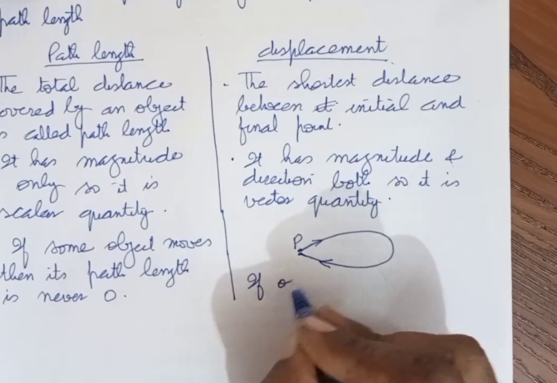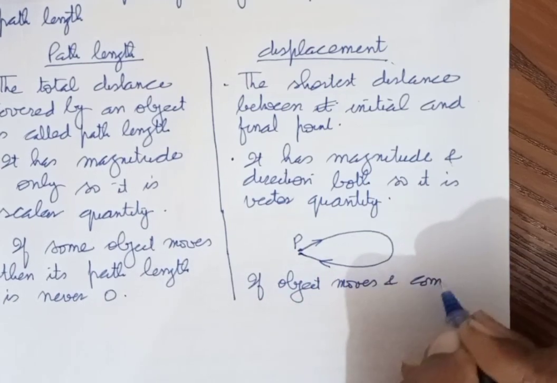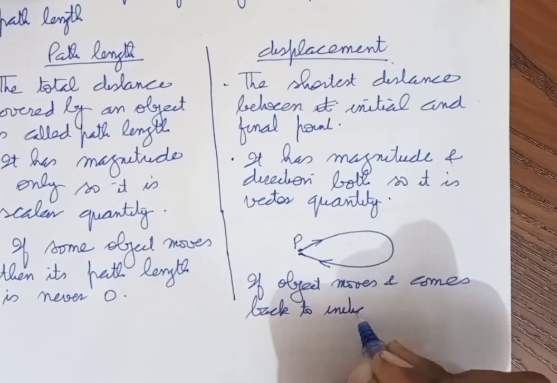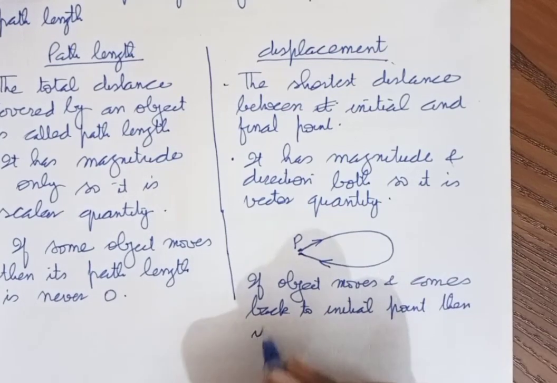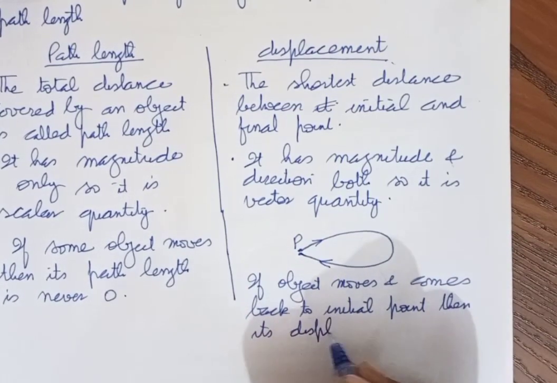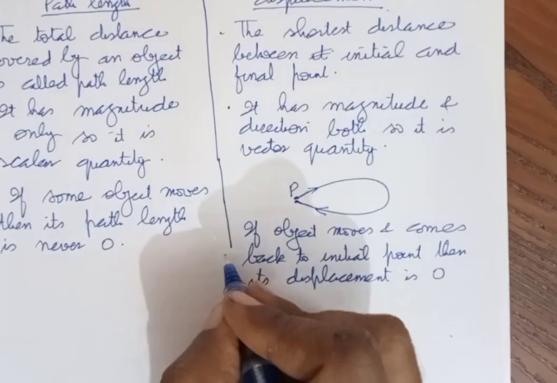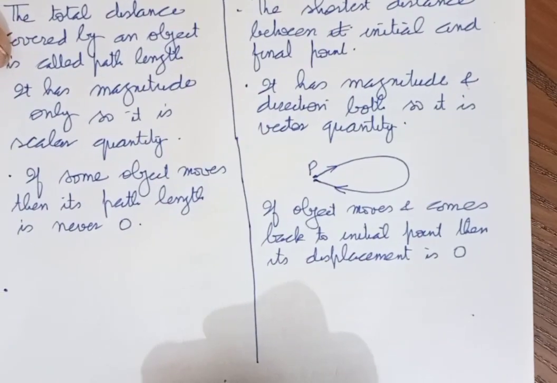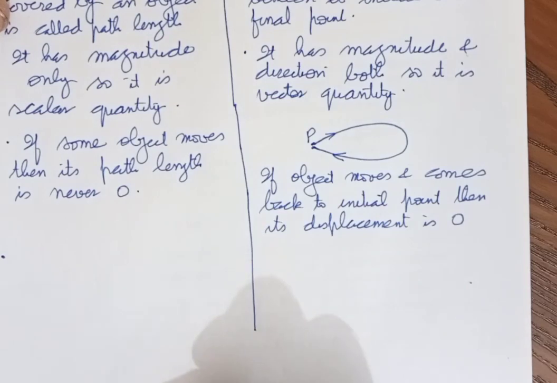If an object moves and comes back to the initial point, then its displacement is 0. The path length is always greater than or equal to the magnitude of displacement.